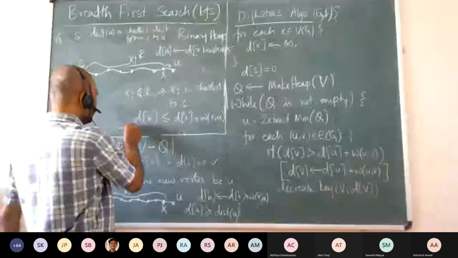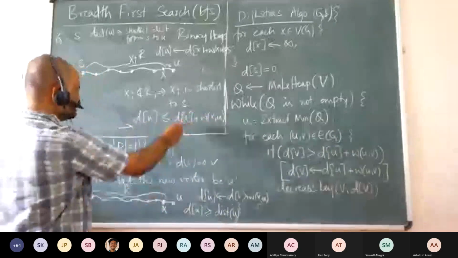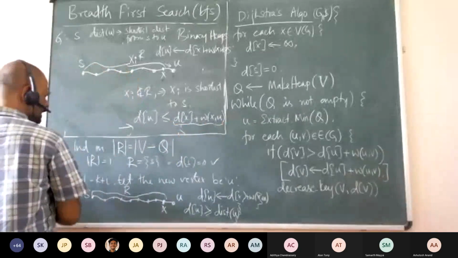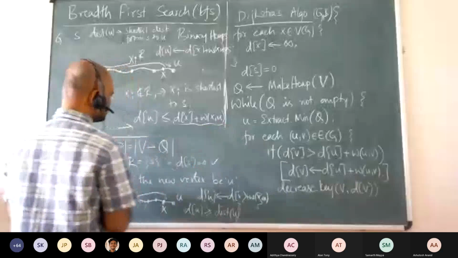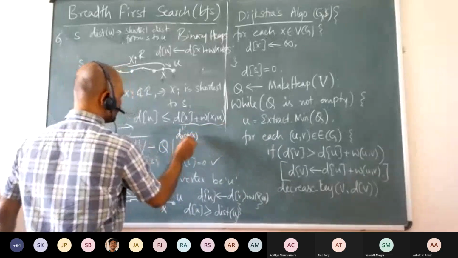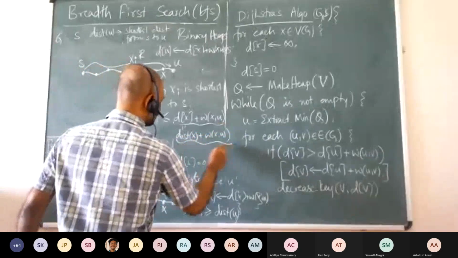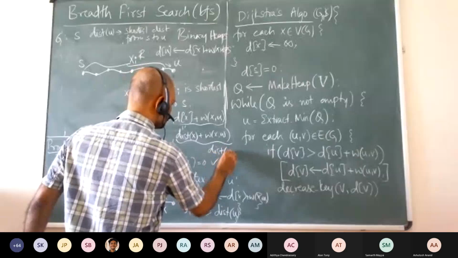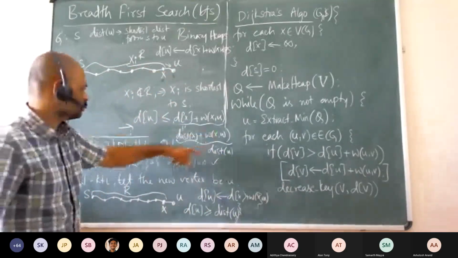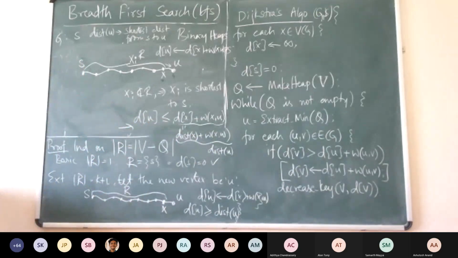This says that d of u is less than or equal to d of x plus weight of xu. By our inductive hypothesis, d of x is equal to the distance of x, and the distance of x plus the weight of xu is the distance of u. So d of u is less than or equal to the distance of u. We have proved both directions, right?